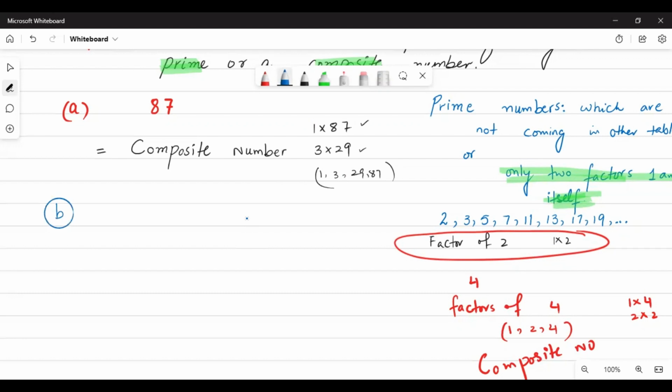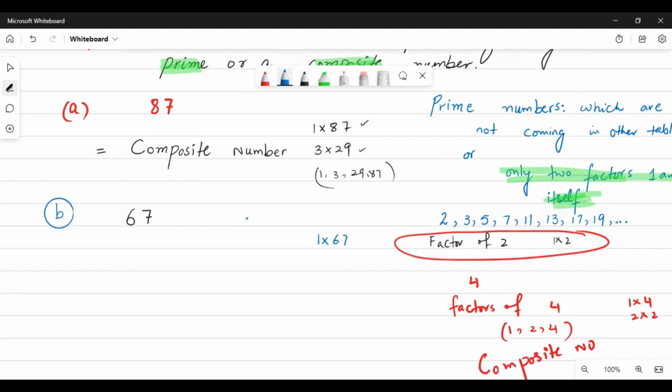The B part of the question is the number 67. Now let's make the factors of 67. If you know the divisibility rules, you can easily check. 67 ones are 67. It is not divisible by 2, so it is not coming in the table of 2. Even 6 plus 7 is 13, not divisible by 3. It is not divisible by 4, not 5, not 6, 7, 8.